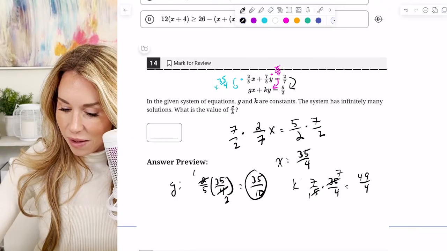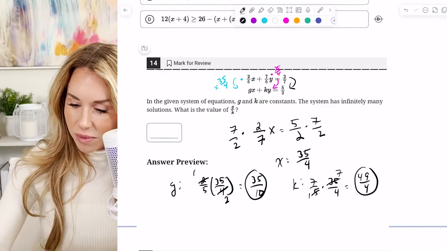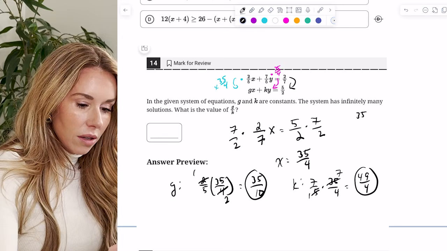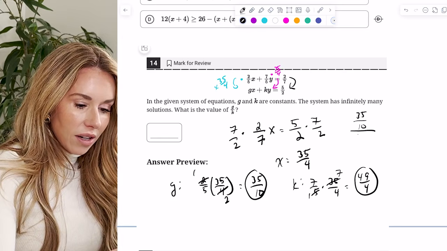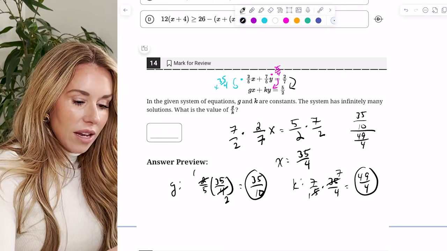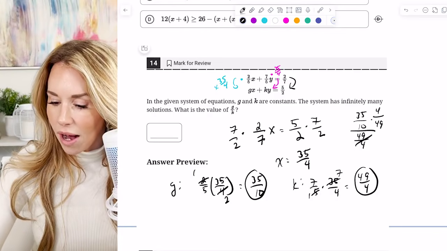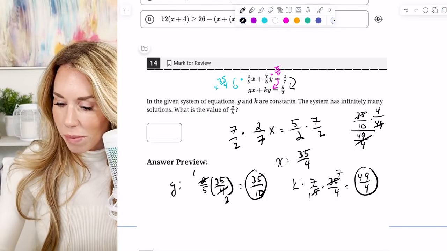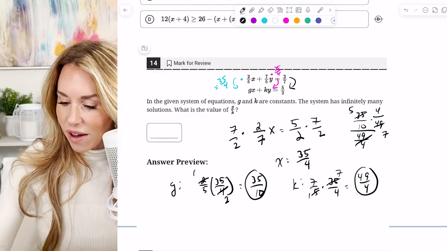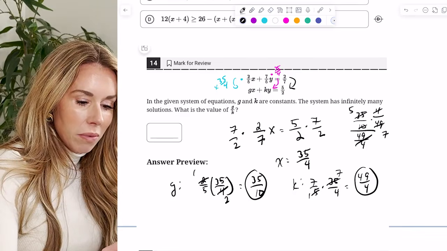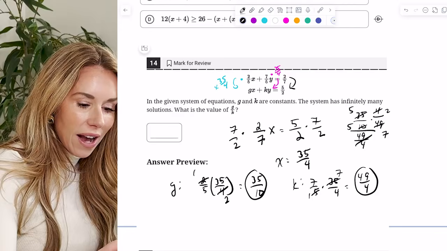We've got K. So what I'm going to do is set G over K. Now keep, change, flip. All right. These are both divisible by 7, so we get 5 and 7 when we reduce it. These are both divisible by 2, so we get 2 and 5.